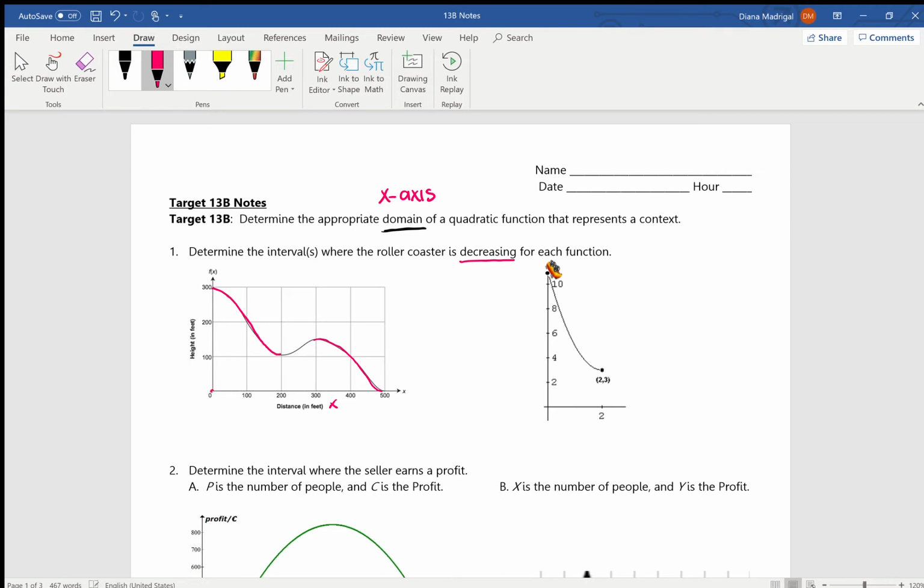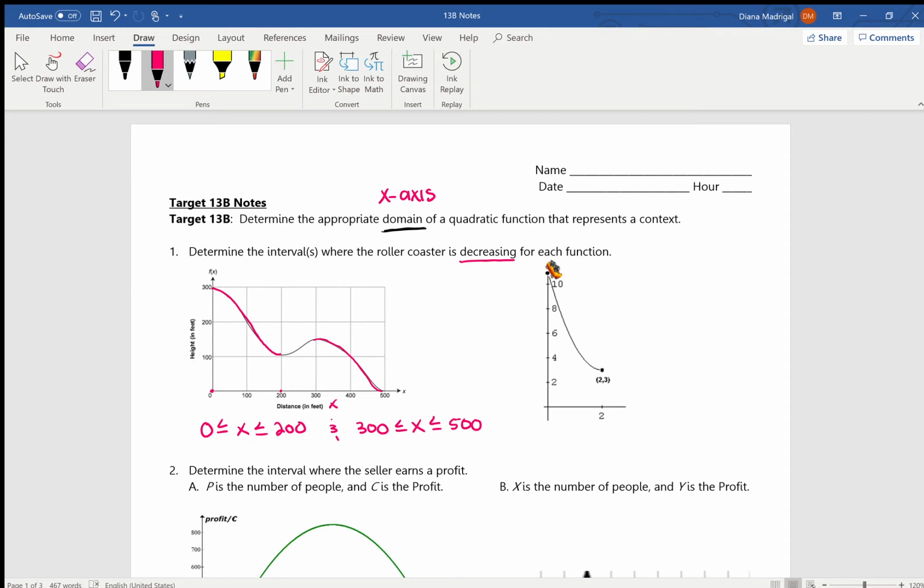So it starts at 0, and it's going to go to 200. And we also have another one that starts at 300, and it goes to 500. So this one had 2 answers.